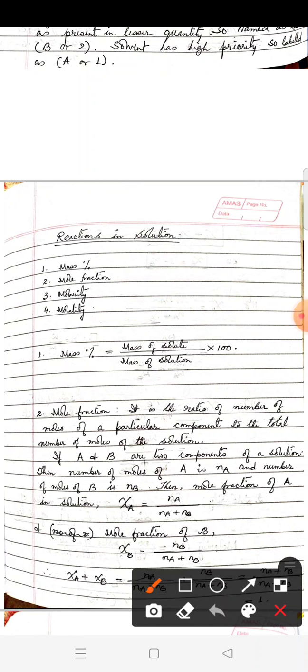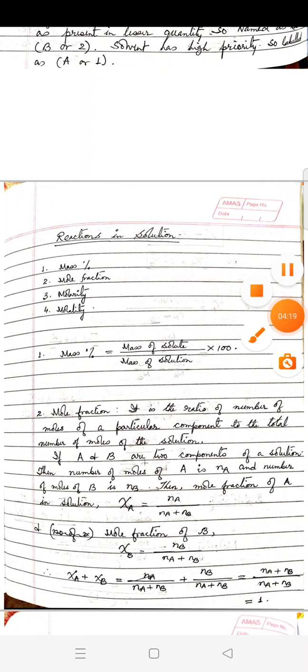If A and B are two components of a solution, the number of moles of A is represented as Na and number of moles of B is represented as Nb, then the mole fraction of A in solution, represented by the symbol chi A, chi, C-H-I, is equal to Na divided by Na plus Nb. Similarly, mole fraction of B will be chi B, which is equal to Nb divided by Na plus Nb.